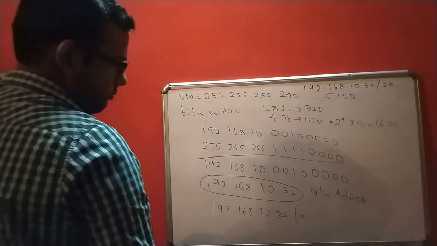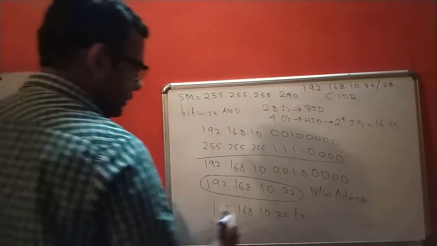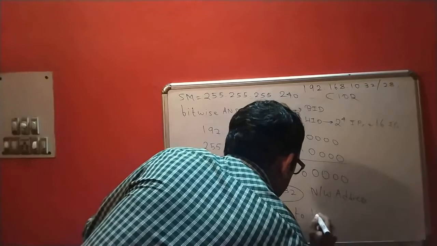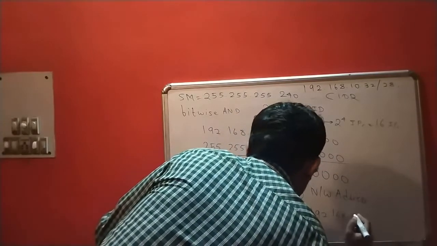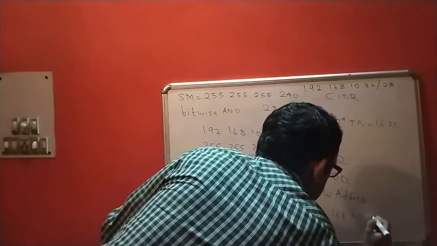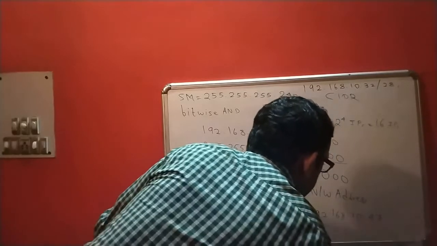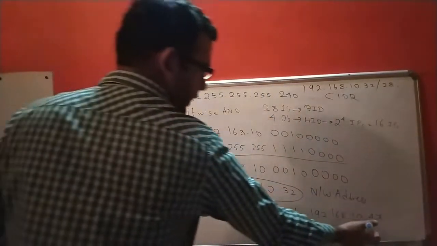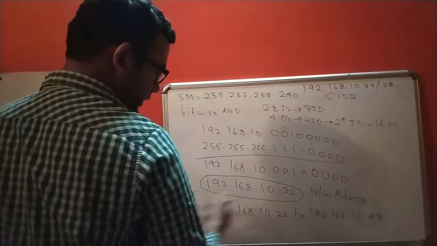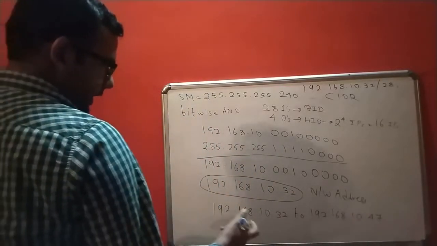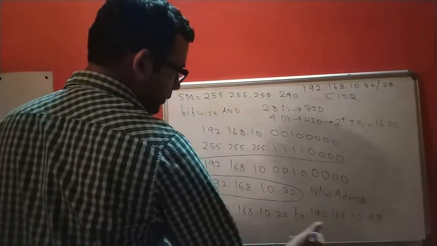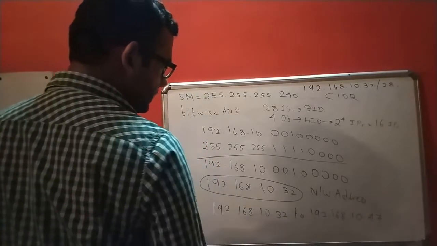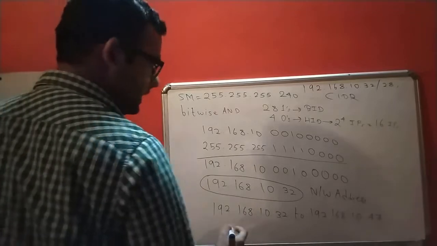If you add another 15 IP addresses, you get 192.168.10.47, right? So 47 minus 32 is 15, and since you are considering both limits, you add 1, so you get 16.